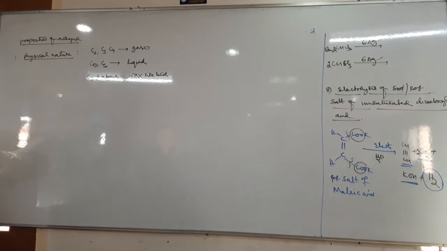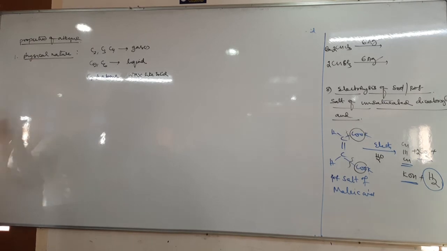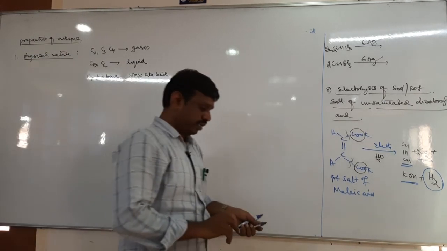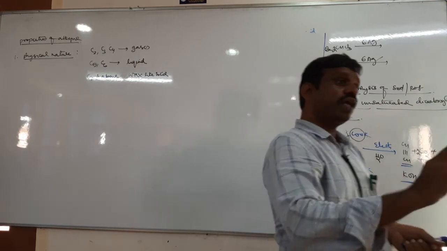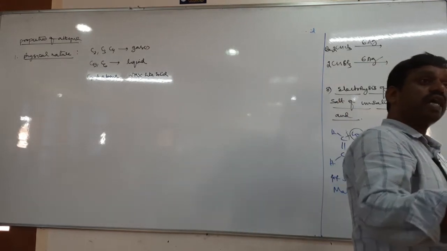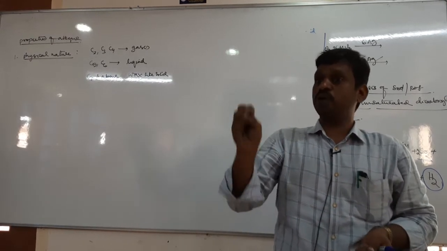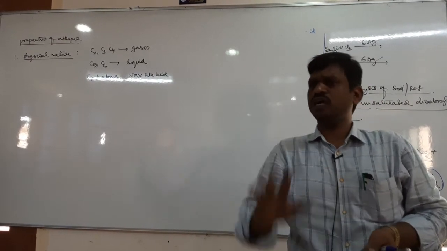Okay, then you may have a doubt, why only C5, C6 liquid, why not till 17? See, when you compare alkane, alkene, alkynes, alkyne has more polarity, right? The polarity of alkyne is more compared to alkene and of course alkane also.